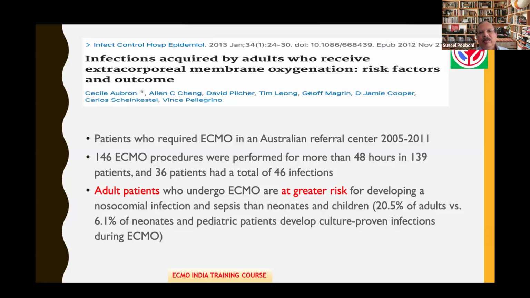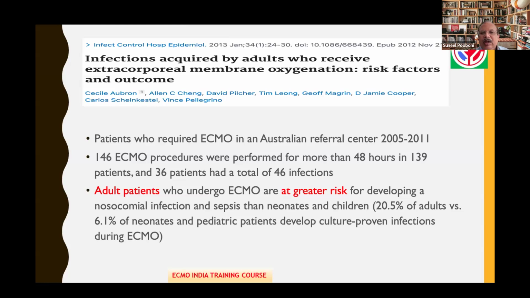In this study, when procedures were performed for more than 148 hours in 139 patients, 36 patients had a total of 46 infections. Their conclusion, by Cecil et al., was that adult patients who undergo ECMO are at a greater risk for developing a nosocomial infection and sepsis.